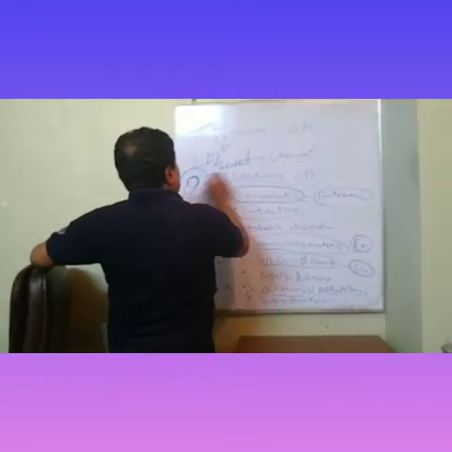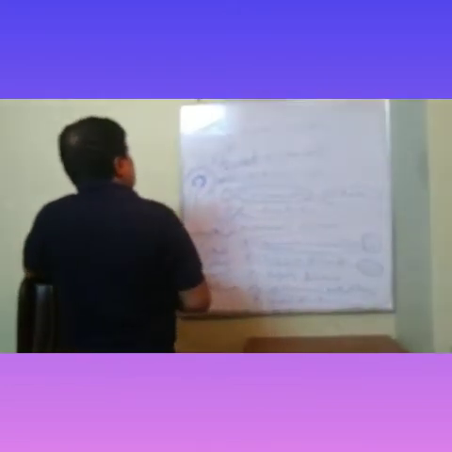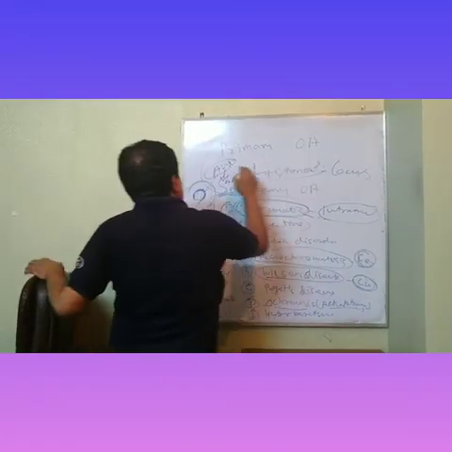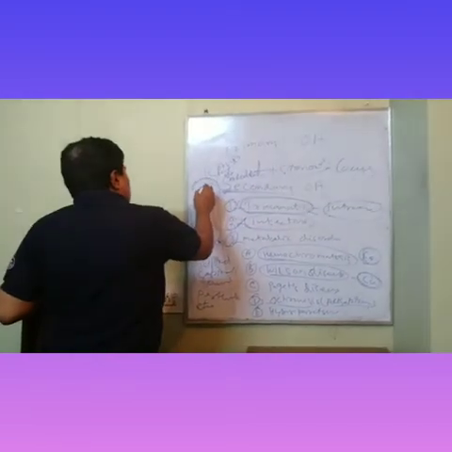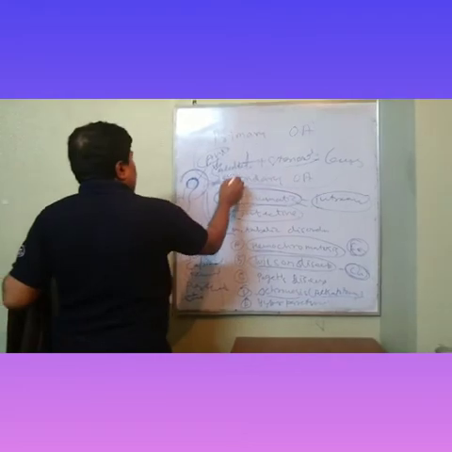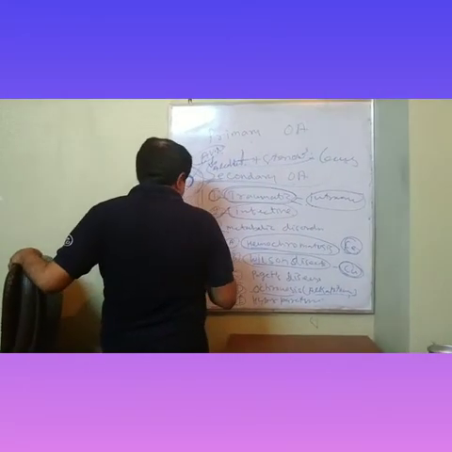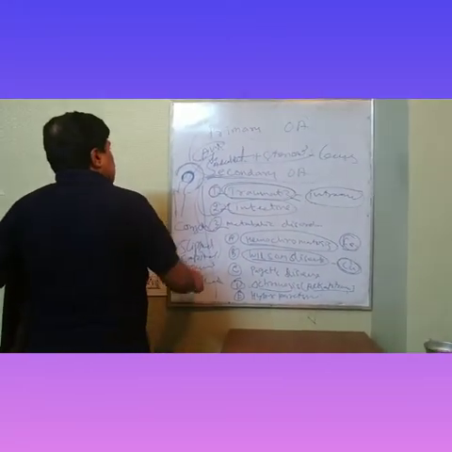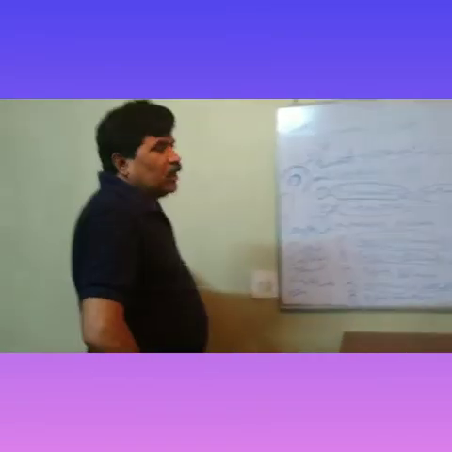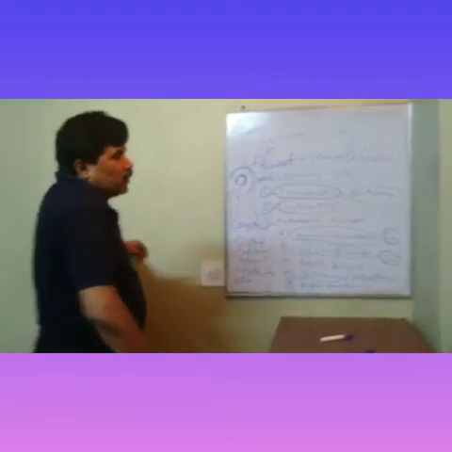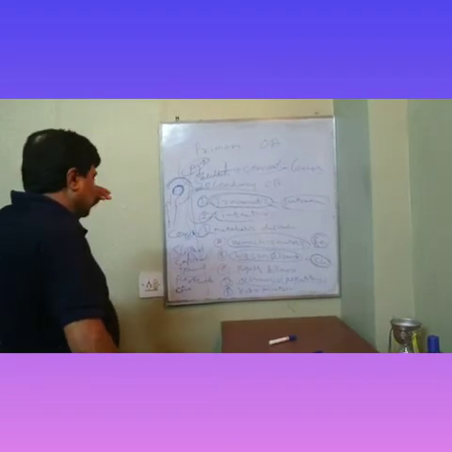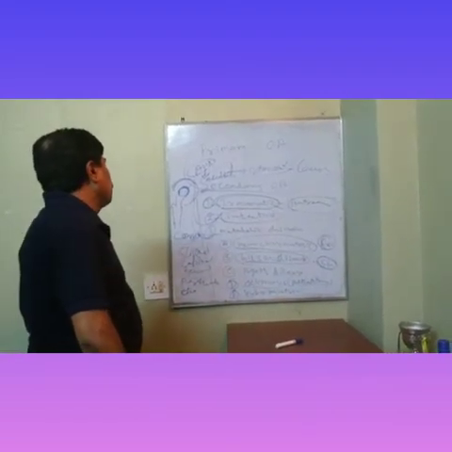So if AVN is there, or trauma, the head gets deformed, and that leads to secondary osteoarthritis. AVN, slipped capital femoral epiphysis, and Perthes disease are very relevant in case of the hip. So in most cases of the hip, we find secondary osteoarthritis.